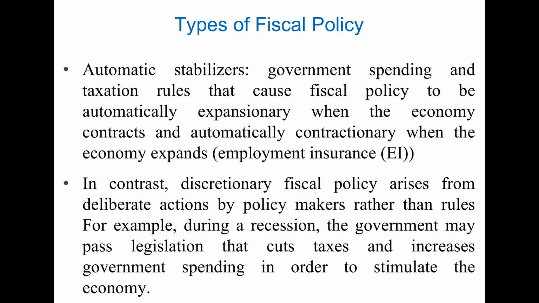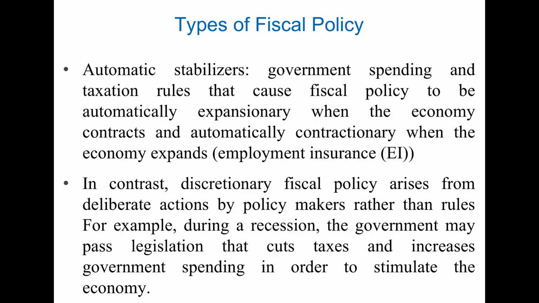Now, types of fiscal policies other than contractionary and expansionary. There are two types in how to implement fiscal policies. That's the way that we are dividing. There are some automatic stabilizers: government spending and taxation rules. Those running under the concept of a rule for fiscal policy cause fiscal policies to automatically become expansionary when the economy contracts and automatically contractionary when the economy expands, like employment insurance and these types of things.